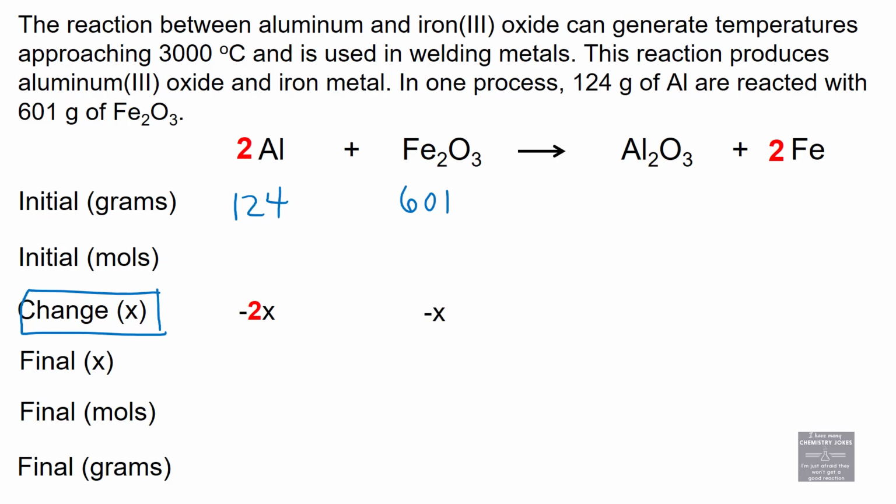You're going to lose 1X under your iron 3 oxide row. You're going to gain 1X under your aluminum 3 oxide. You're going to gain 2X under your iron row. Those coefficients get carried down to your X values. So when you're setting each of your reactants equal to 0, don't forget that coefficient in front of your X because it matters a lot.